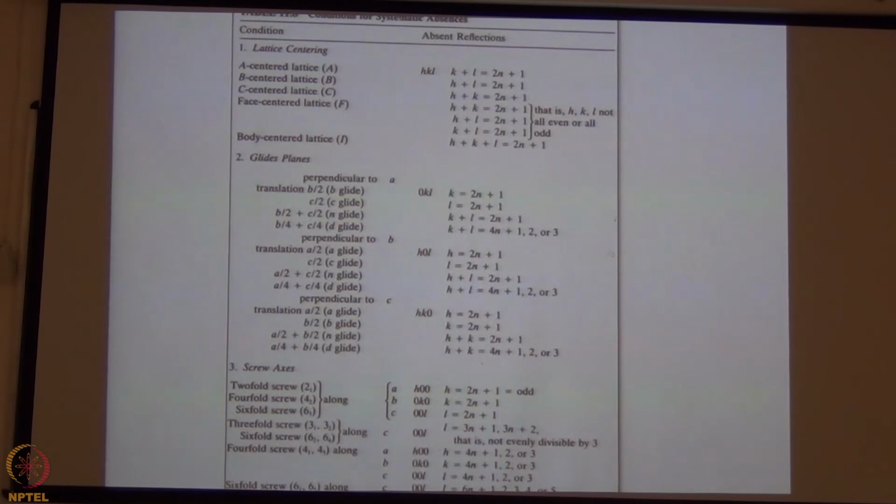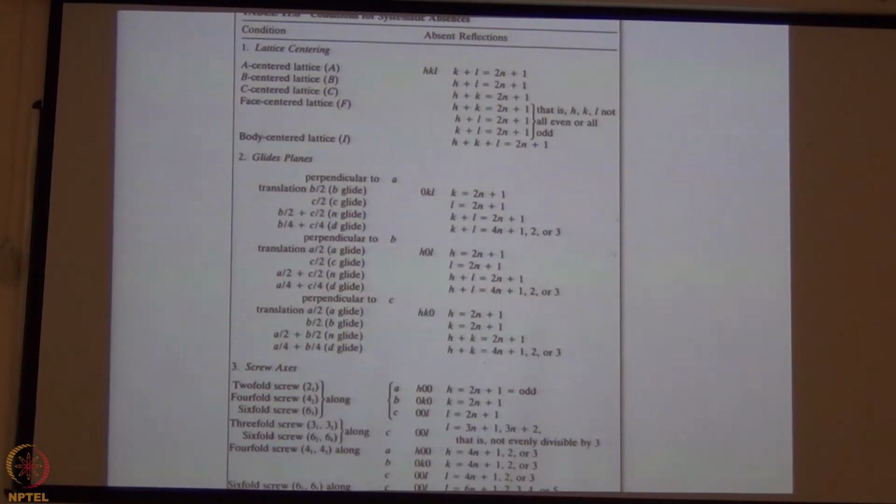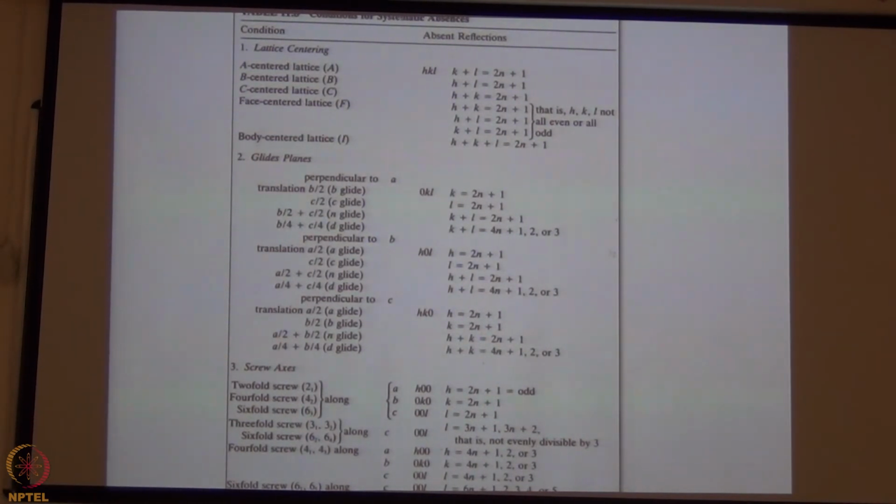The centering is giving you one lattice translation along a particular face, and that particular face is designated by H plus K or H plus L or K plus L. So when it is C centered, that means the AB face is centered. C centered means the face AB is centered. So when it is AB, it is H plus K, which is odd.